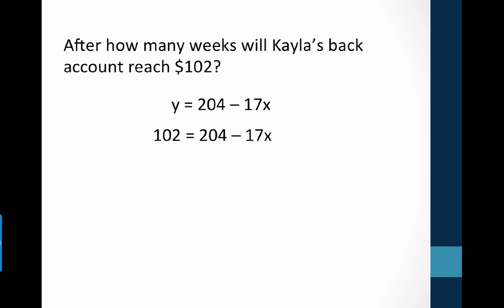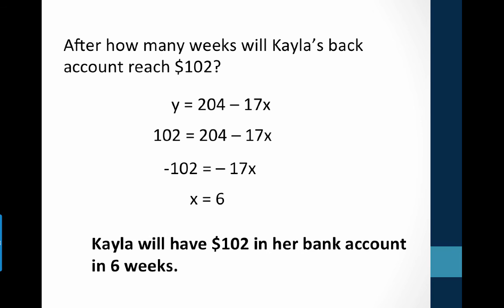I'm going to subtract 204 from both sides of the equation and get negative 102 is equal to negative 17x. Then I'll divide both sides by negative 17 and get x equals 6. So that would mean that Kayla will have $102 in her bank account after 6 weeks.